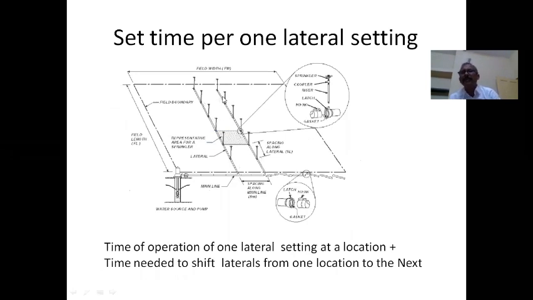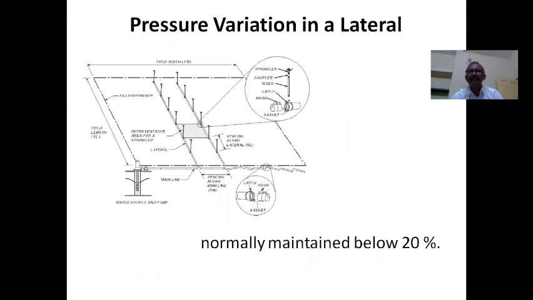So set time per one lateral setting is the total time of irrigation at this place plus the time needed for shifting to the adjacent location. So that is called set time. Set time is irrigation time as well as shifting time for one setting. That is called set time per one lateral setting.